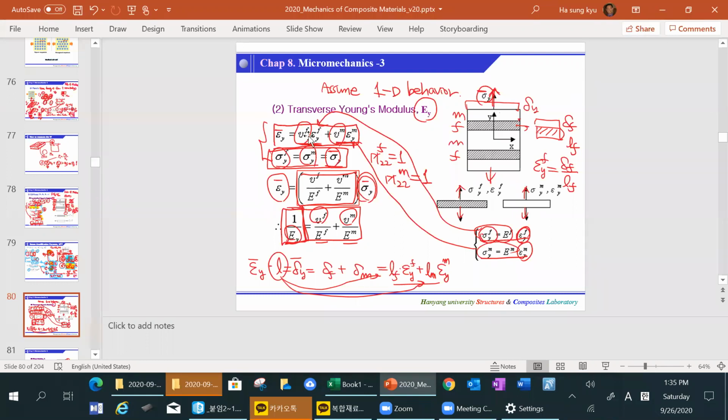So this one is nothing but the stress amplification factor.